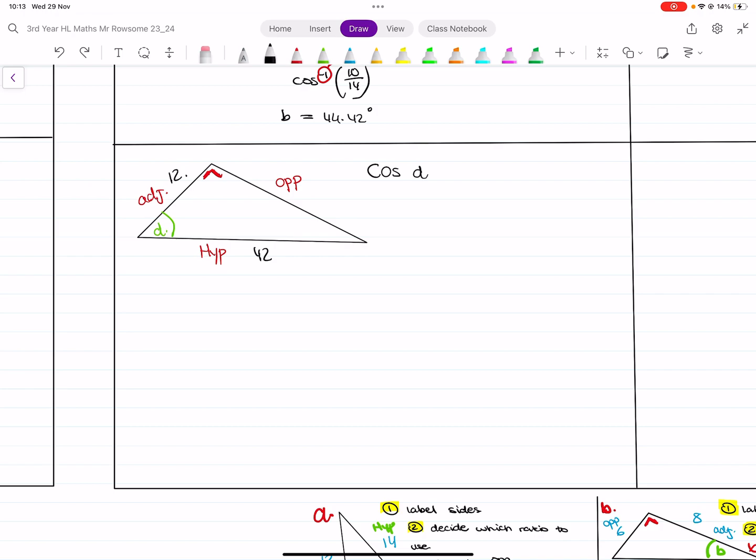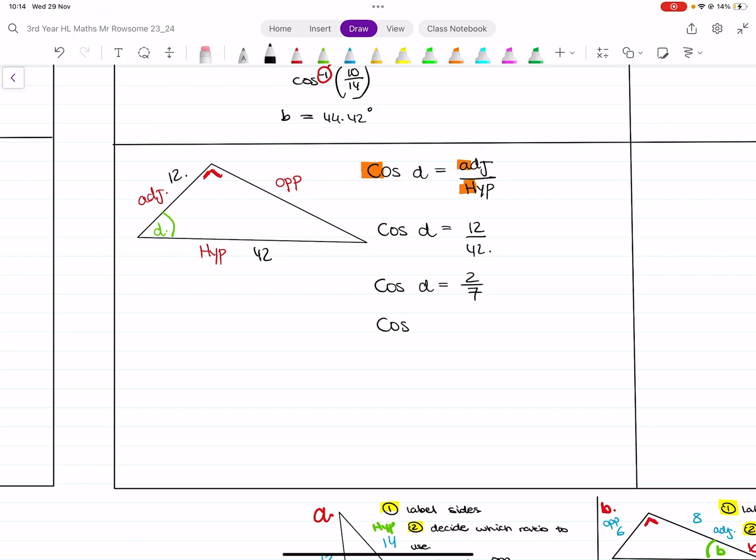Cos. Okay, so cos of D is equal to, so silly old Harry caught a herring, adjacent over hypotenuse. Okay. So cos of D is equal to 12 over 42. Okay. Cos of D is 2 over 7.